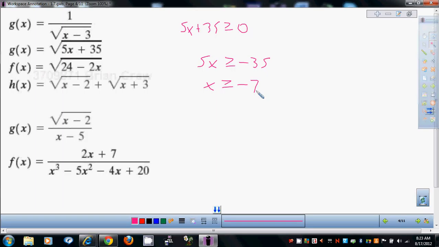That was this one. I guess I should draw arrows since there's no numbers. That was this one. Questions on that one before we move on to another example?